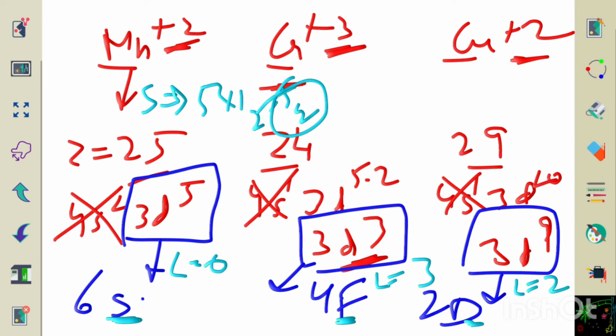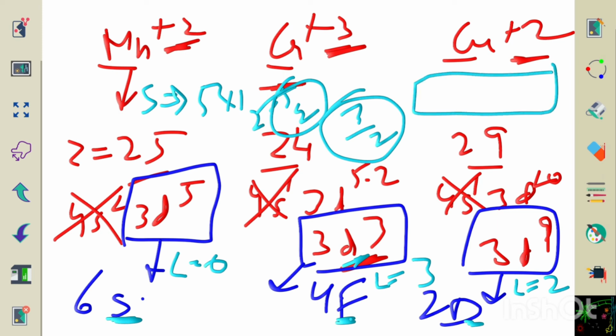Next, for d3, for F, L is equal to 3. So here 3 electrons are present, so spin will be 3 by 2. And for d9, we will write the electrons like this: 5 electrons here, then we will start the pairing. So 1 electron is left, which means the spin is half only.